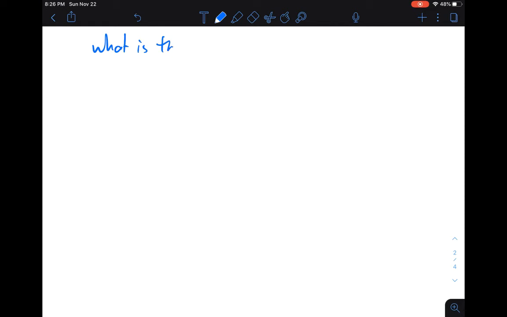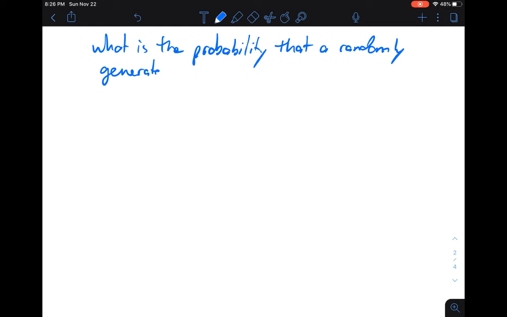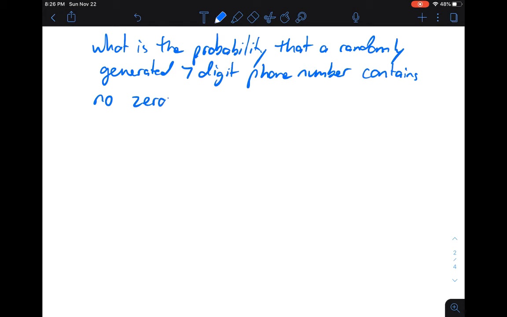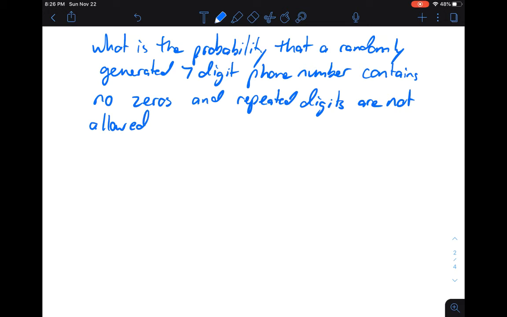So what is the probability that a randomly generated 7-digit phone number contains no zeros and repeated digits are not allowed?